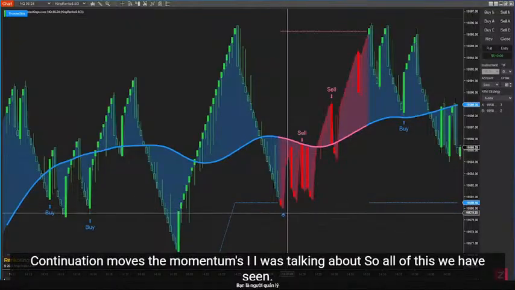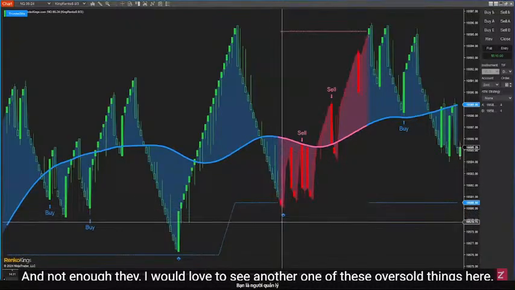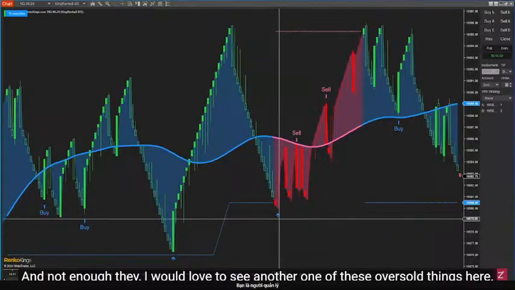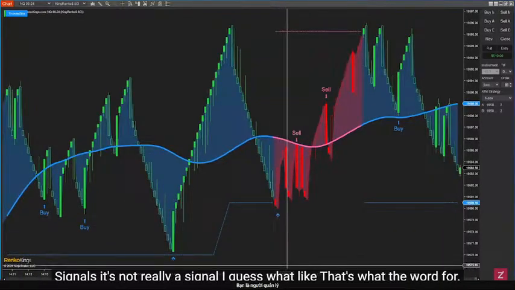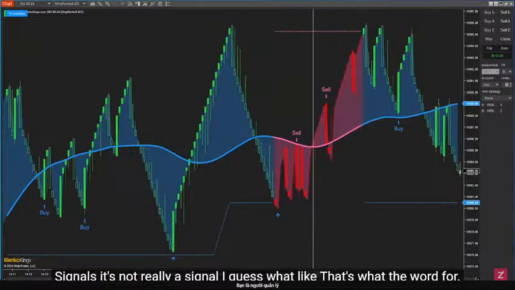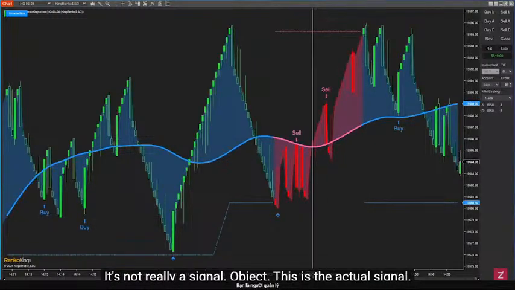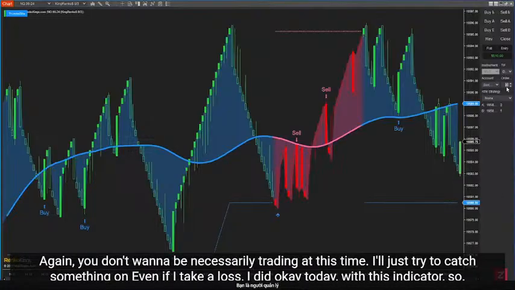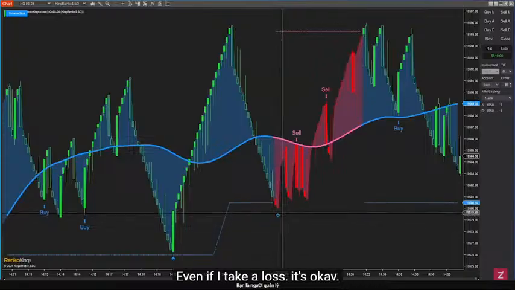It's not really a signal, not sure what the word for it is. This is the actual signal. Again, you don't want to be necessarily trading at this time. I'll just try to catch something. Even if I take a loss, I did okay today with this indicator. So even if I take a loss, it's okay. Just want to see if there is anything. Again, I would love to get one of these.